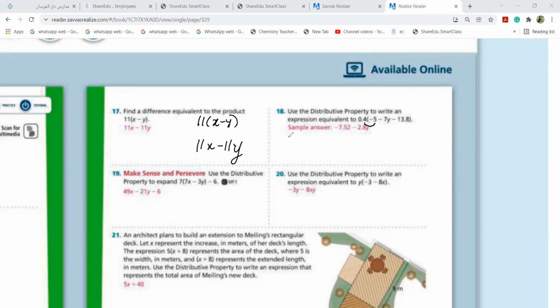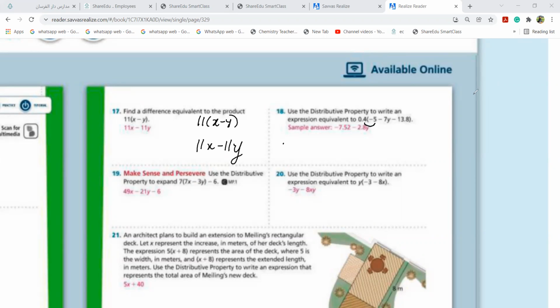What's the answer? Yes, Miss. The answer is minus 7.